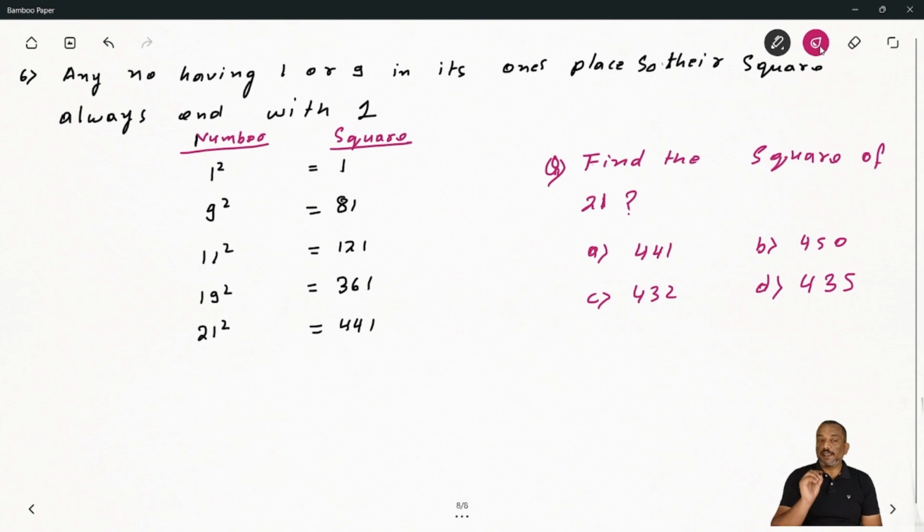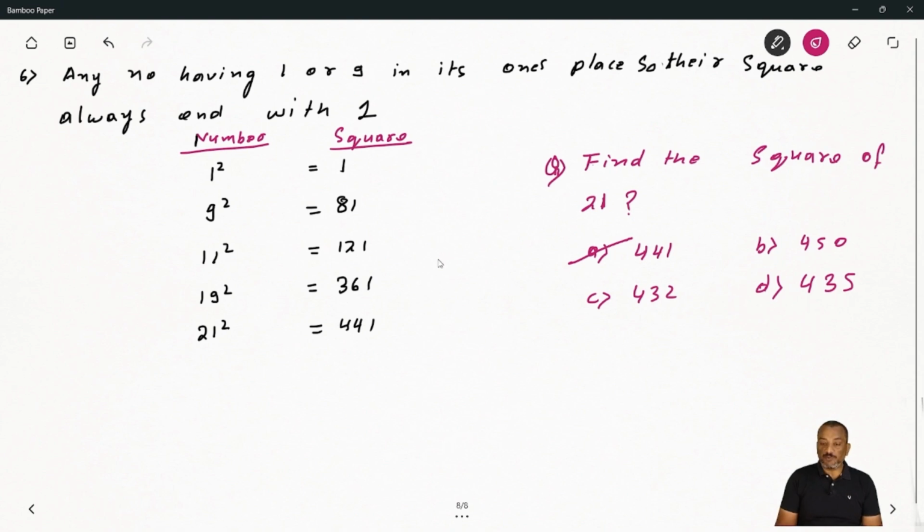So I told you any number whose ones place is 1 or 9, their perfect square will also have 1 in the ones place. So you can say, oh, automatically A is the correct answer. Hope you are getting it. Based on that, any number having 1 or 9 at the end, its square will also end with 1. Okay, hope you get it.